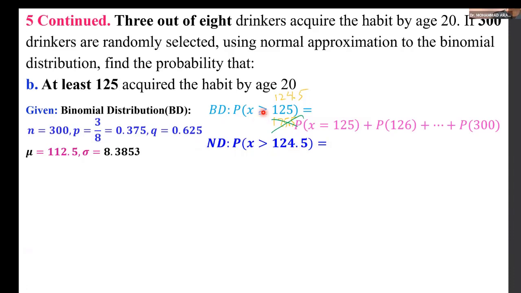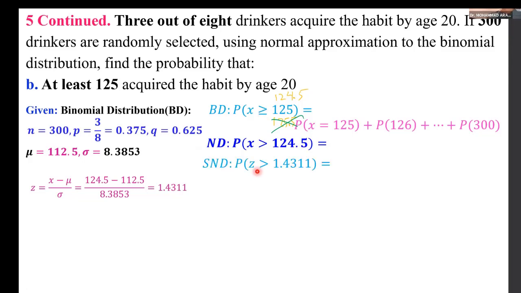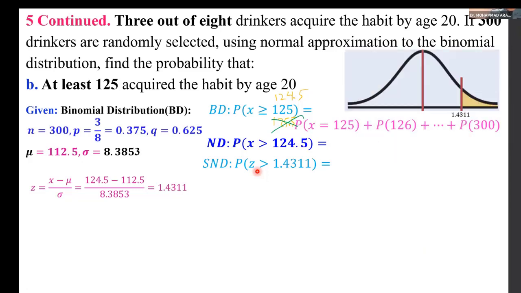Go to the z-score, x minus mu over sigma, and here's your standard normal distribution. From the graph, you want the area to the right of 1.4311. And using the table gives us this answer. Needless to say, you can use technology.